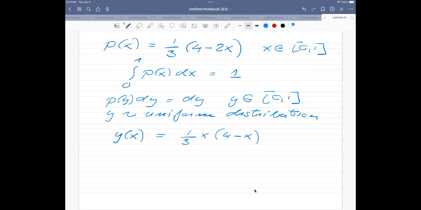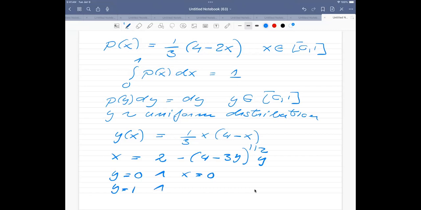So that means that I can now, if I take this relation here, actually find x in terms of y, which is a uniform distribution. So I can then rewrite it, and then I can find x equal to 2 minus the square root of 4 minus 3y. And then you see that when y is 0, then I have x equal to 0. And when y is equal to 1, then I have x equal to 1.